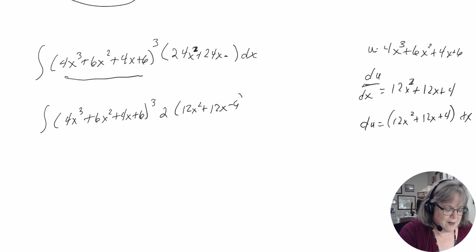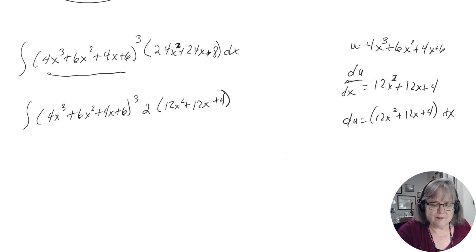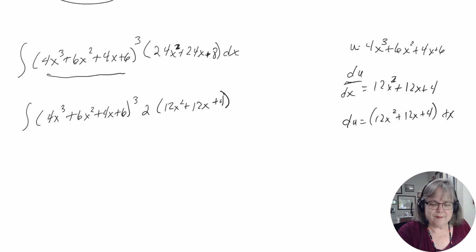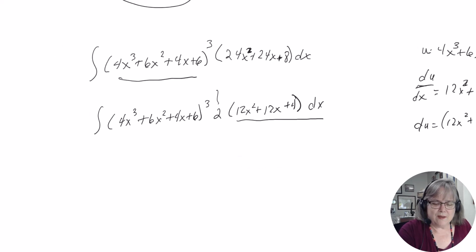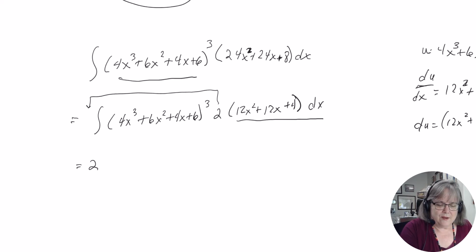This is supposed to be an 8. I just can't read my own writing. Beg your pardon. So I'll give you a minute to correct that. All right, dx. So this is what I want. I don't need the 2, right? That 2 is actually kind of too much. So we're going to take the 2 and pull it out here. So this is 2.